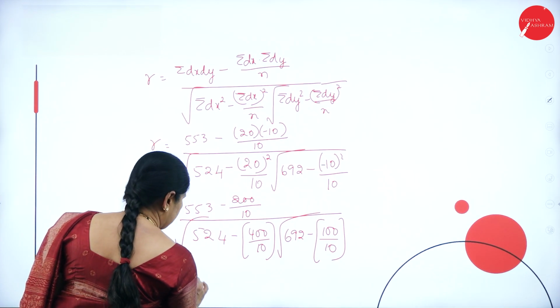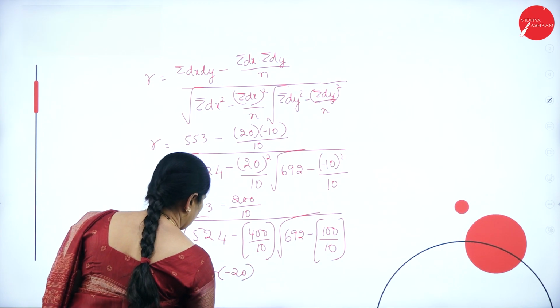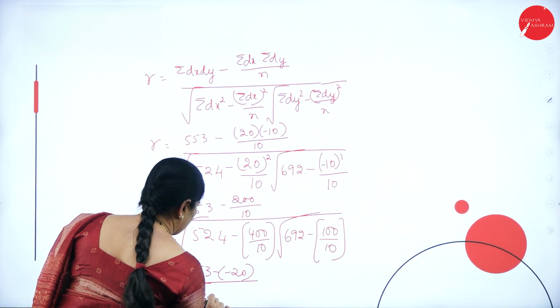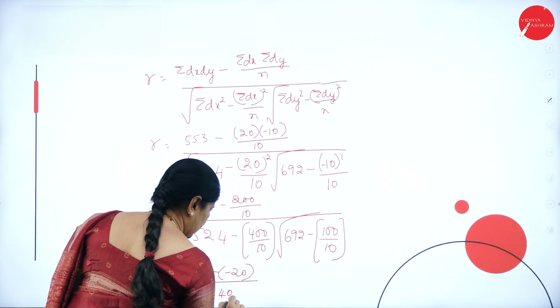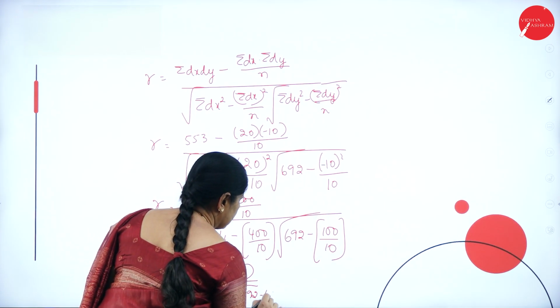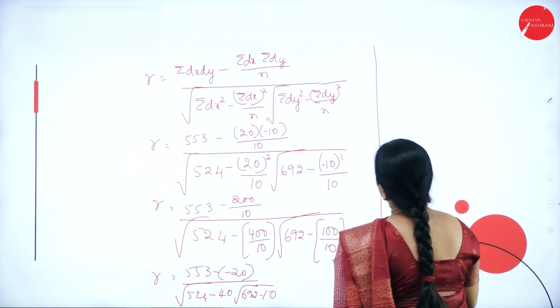When I simplify all this, 553 minus of minus 20, divided by root of 524 minus 40 into 692 minus 10.